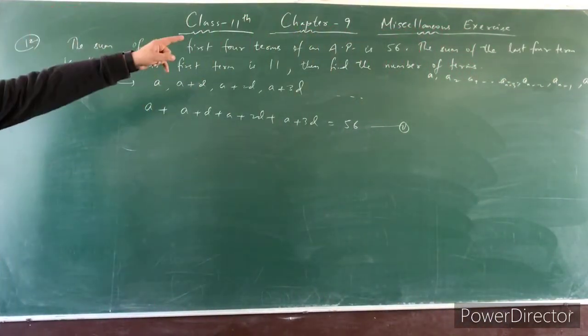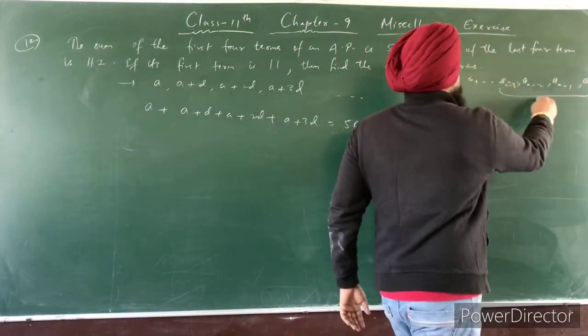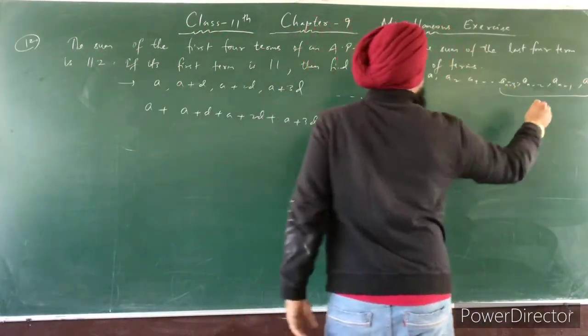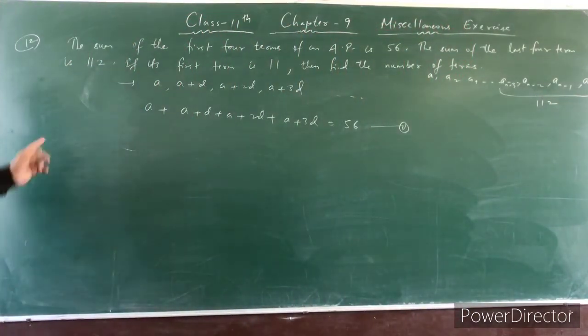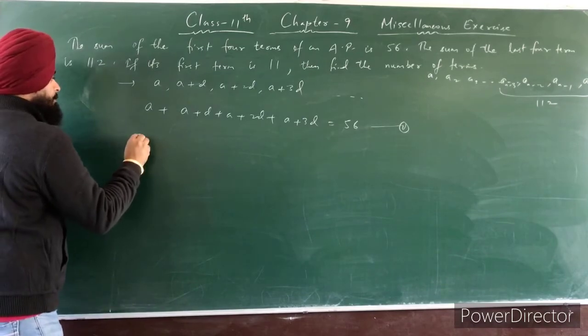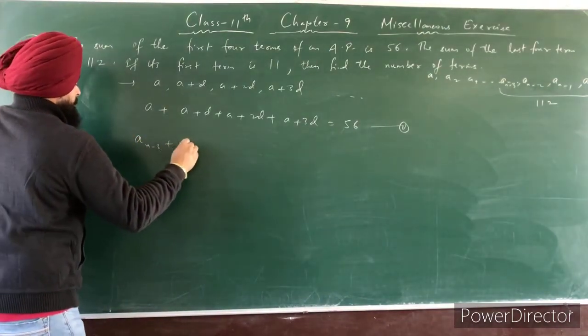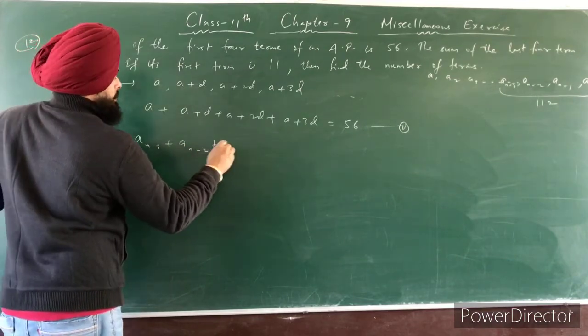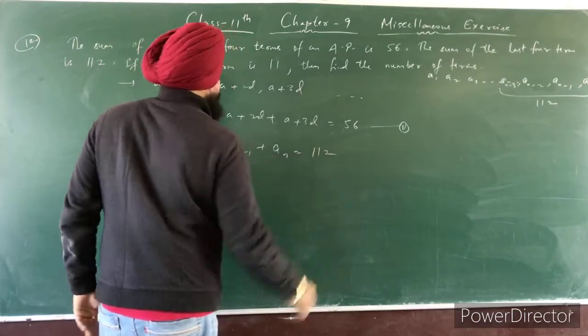So the condition is here the sum of the last 4 terms. Its sum is given as 112. So we write here an minus 3, an minus 2, an minus 1 plus an is equal to 112.